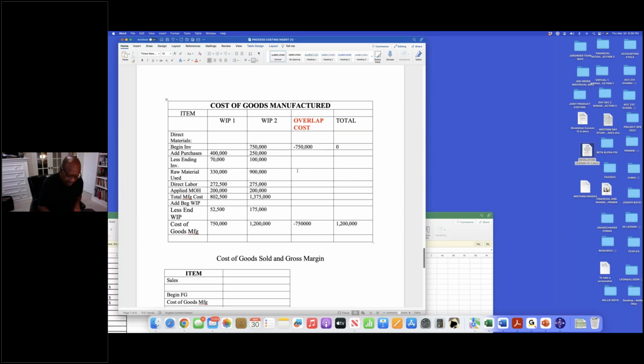So just anywhere you have that number in, that overlapping cost, you got to subtract it out.